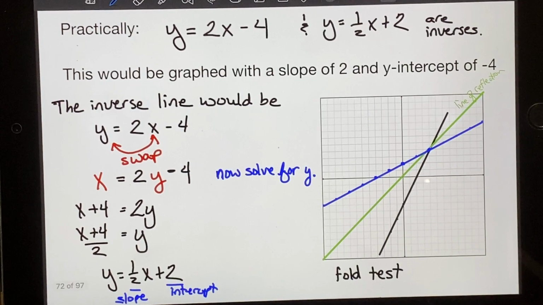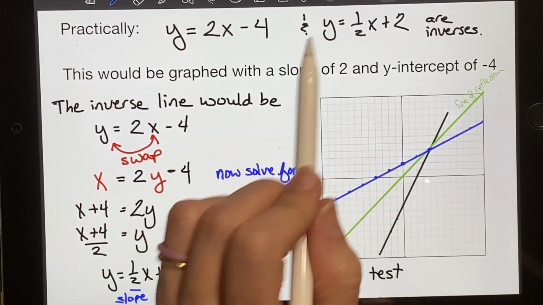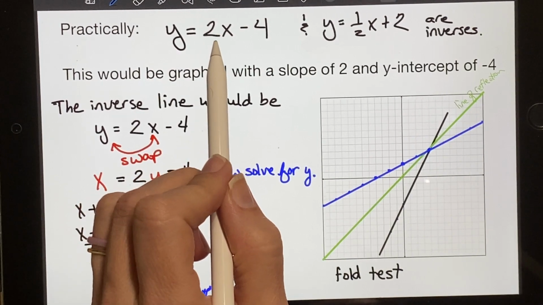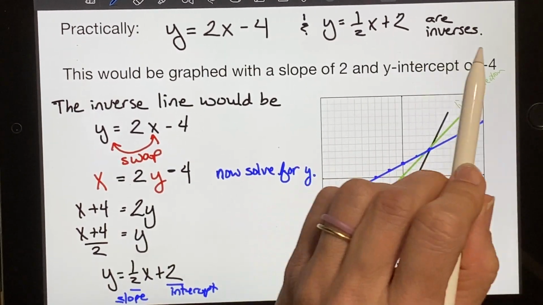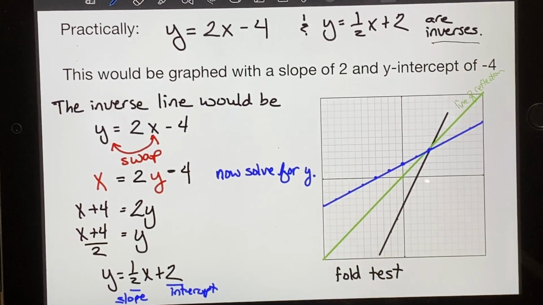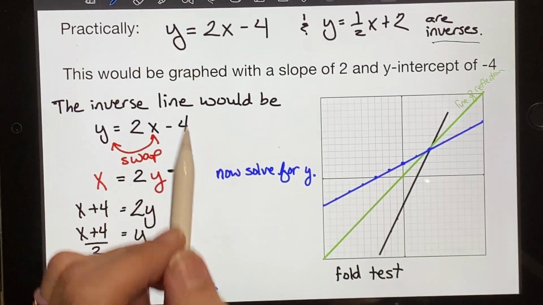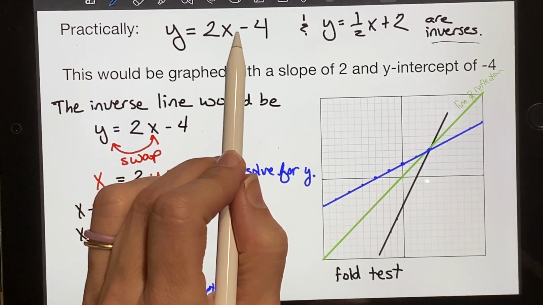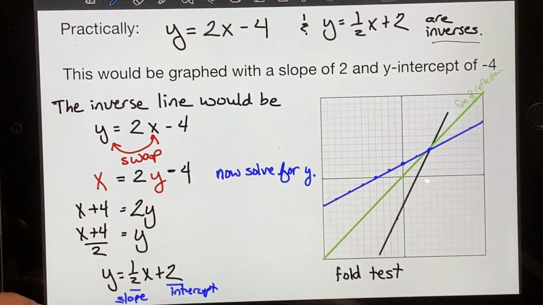So let's look at that practically. I have these two equations: y equals 2x minus 4 and y equals 1/2 x plus 2. And I'm telling you, they are inverses. Okay? How did I find out that they are inverses? Well, I'm going to take this first one, y equals 2x minus 4, and to find my inverse, I simply need to swap them.